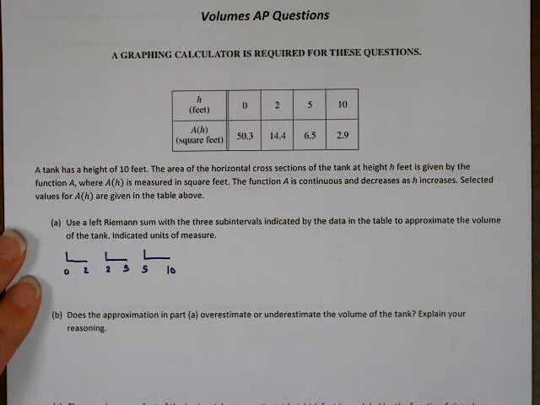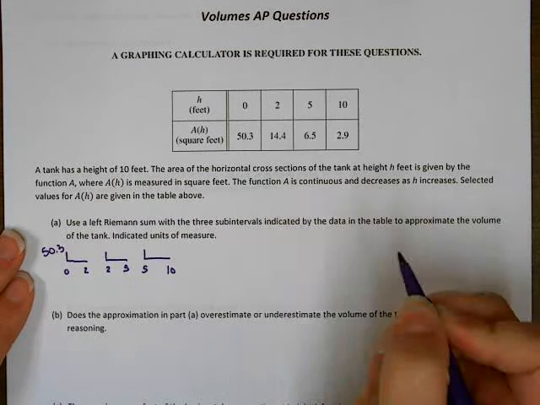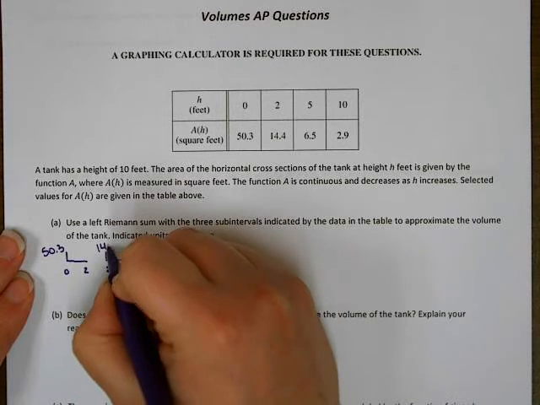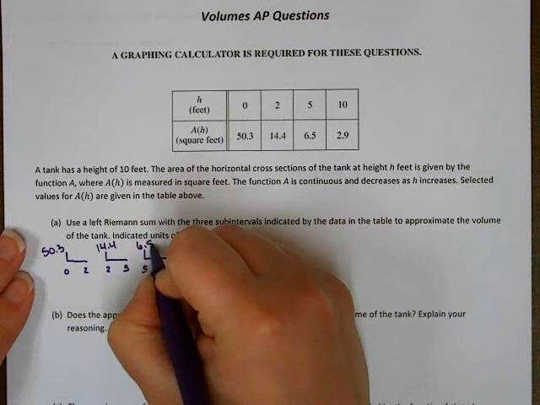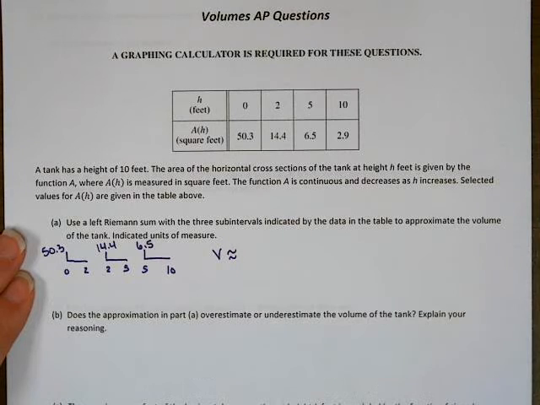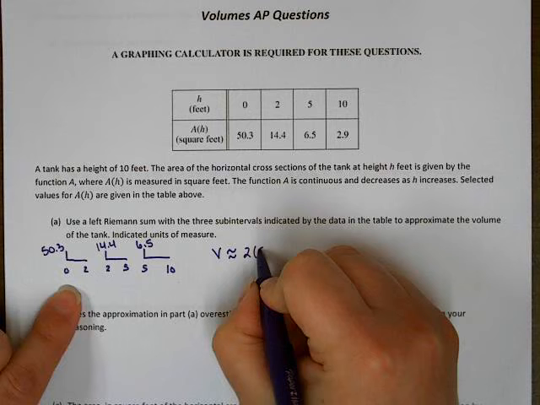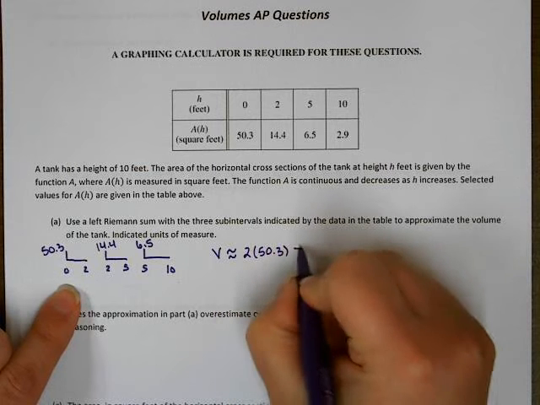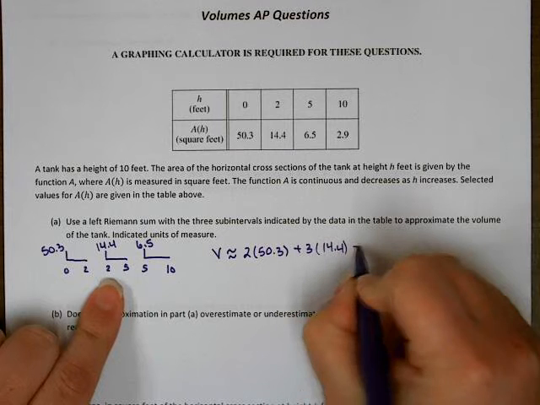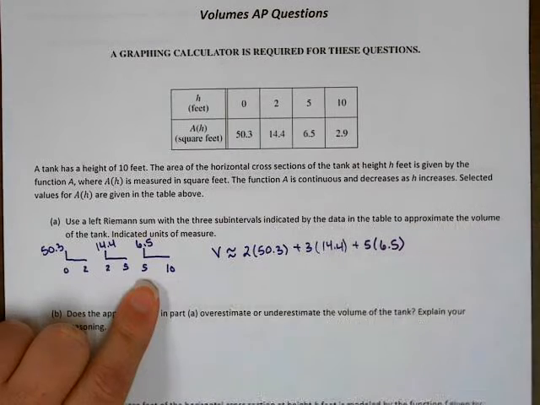So let's see, at 0, the height is 50.3, or I'm sorry, the area, excuse me, and then 14.4, and then 6.5. So that means this volume is approximately, since we're doing rectangles, we know it's base times height, so it's 2 times 50.3 plus 3 times 14.4 plus 5 times 6.5.